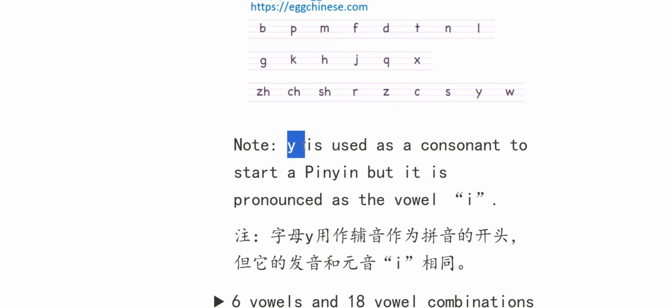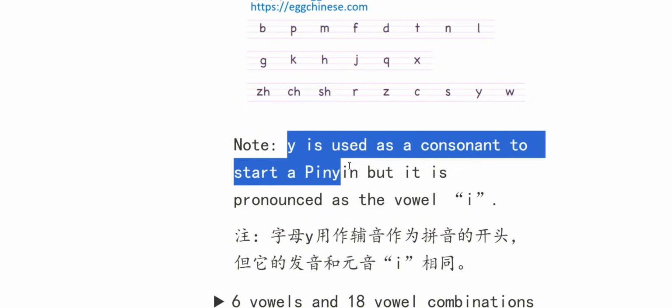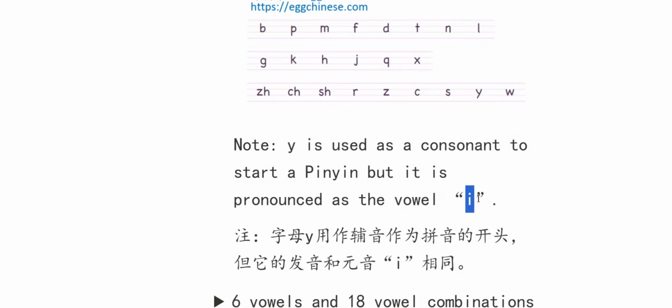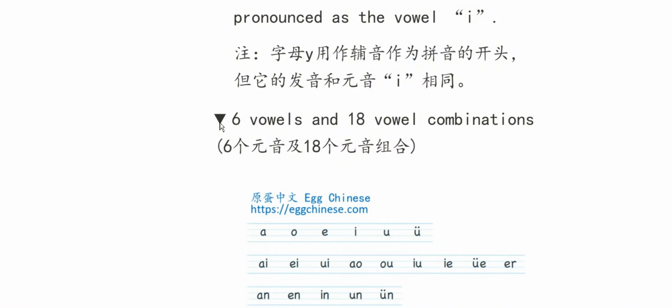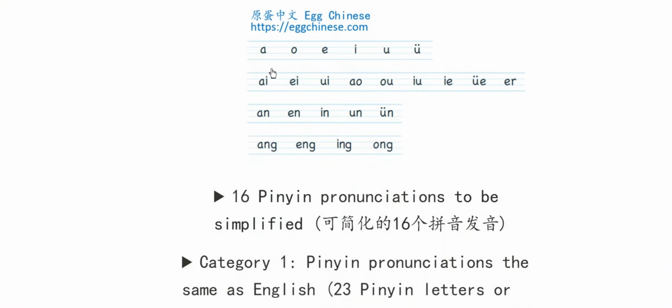So if Y is used to start a pinyin, its pronunciation is E. Next, 6 vowels and 18 vowel combinations. So we'll put them together, makes 24 vowel combinations like this.